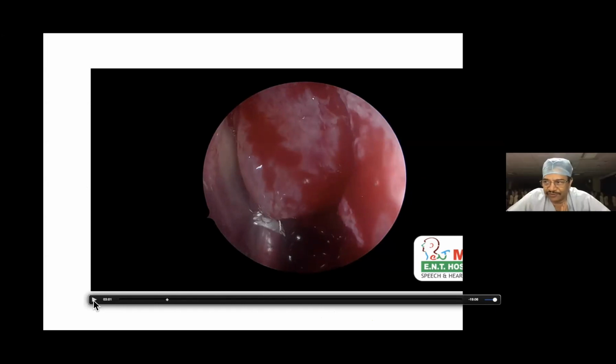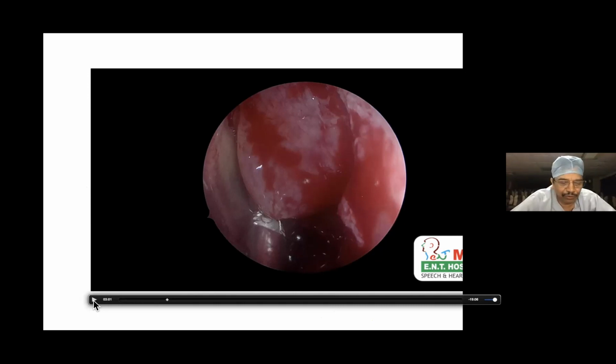That depends. Like in a case like this, where there is a little more bleeding than my routine usual case. In fact, this patient came from the US for surgery. On the second day of landing, I'm forced to do the surgery, and the patient is leaving in 15 days.